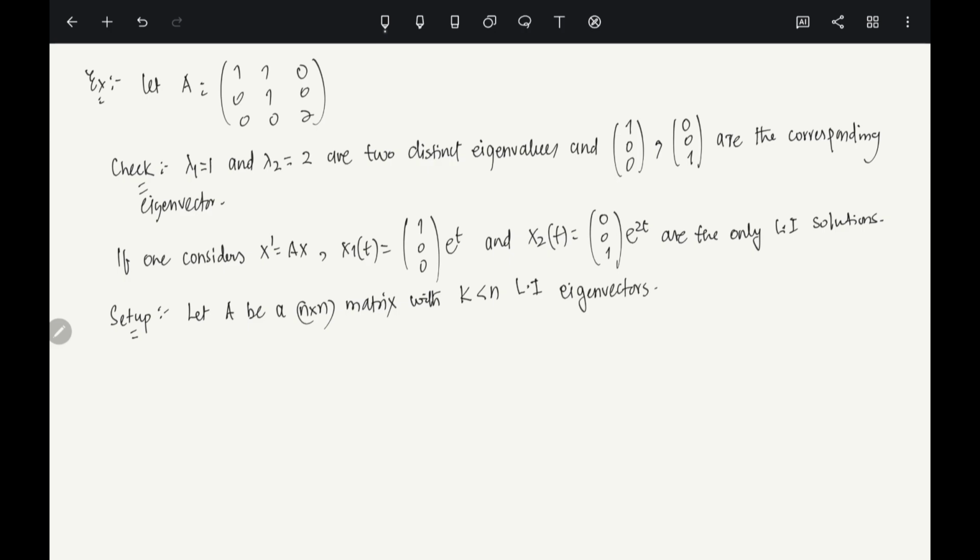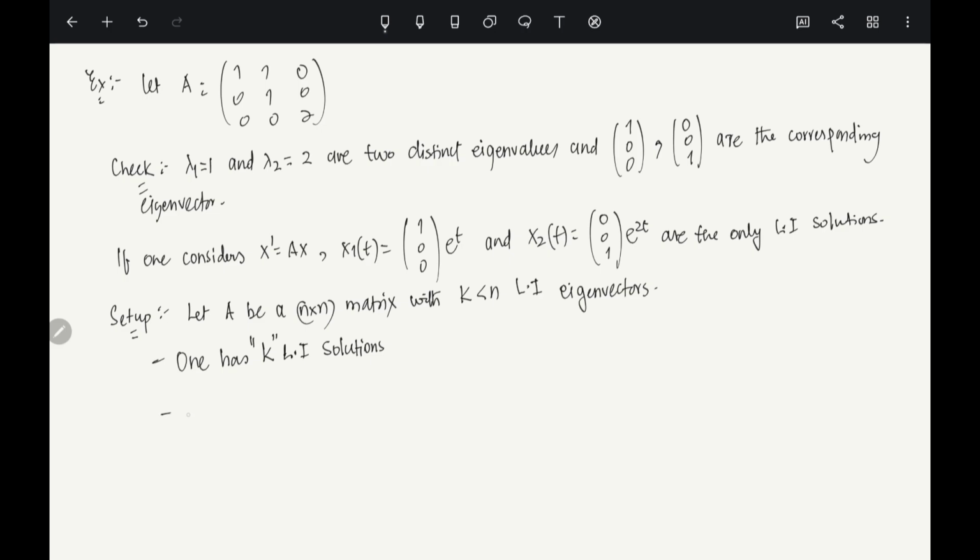Of course, what do we have? Let us remind ourselves, one has k linearly independent solutions of the form e to the power lambda t times v. So there are k linearly independent solutions.